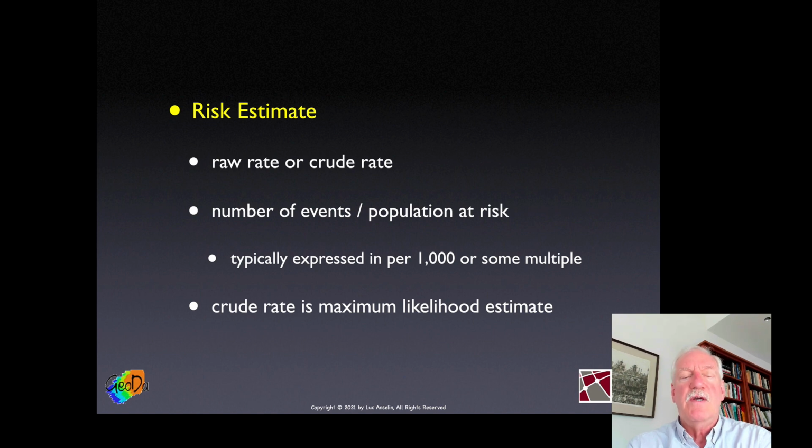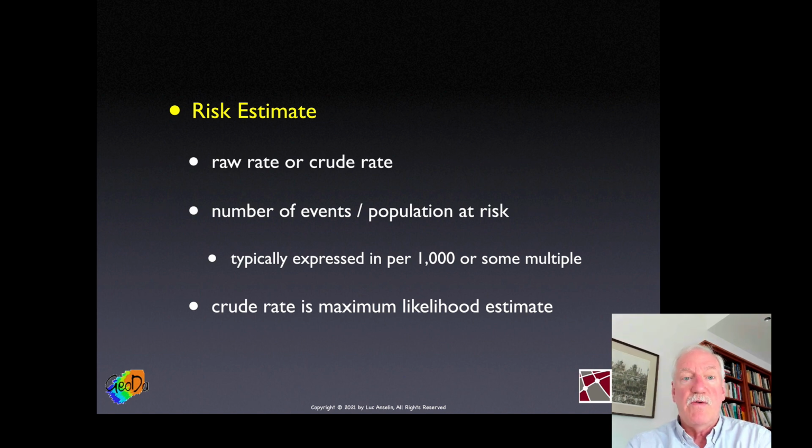And in practice, this is typically expressed not as a proportion as such, but in something that is easier to understand, like number of events per 1,000 people or per 100,000 people or some multiple like that, which gives a better sense than an actual proportion. Say if the proportion is 0.0015, that doesn't really mean that much, but if you say that's 15 per 10,000, then it becomes much more concrete.